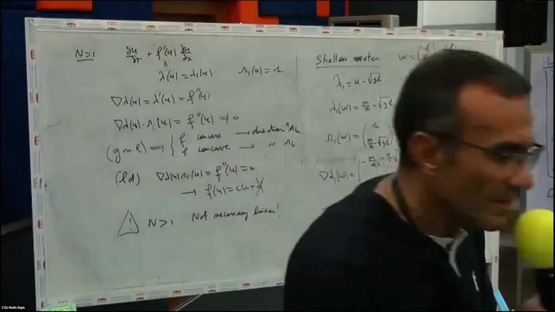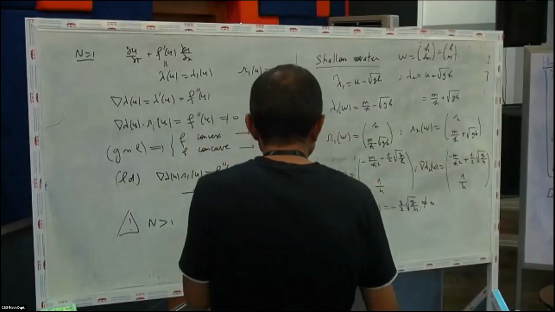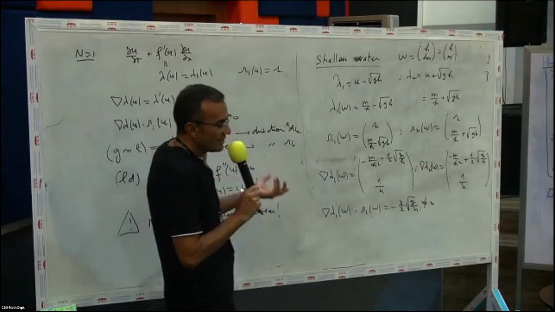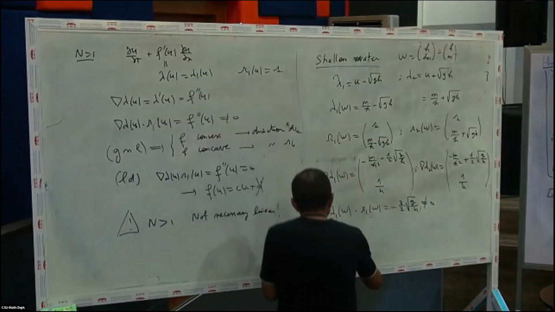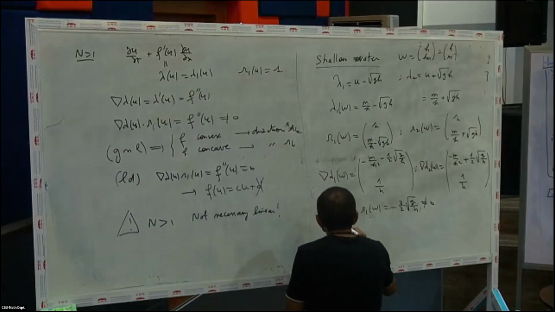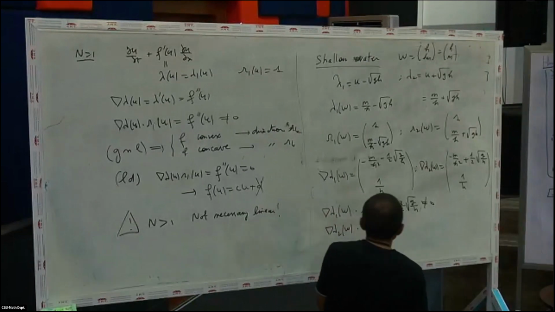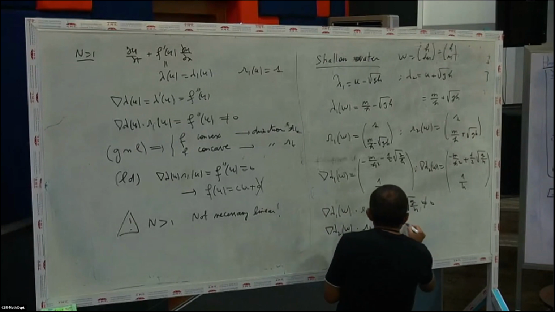So we have something interesting, so we have convex or concave case. And normally you will get the same for the gradient of lambda 2.